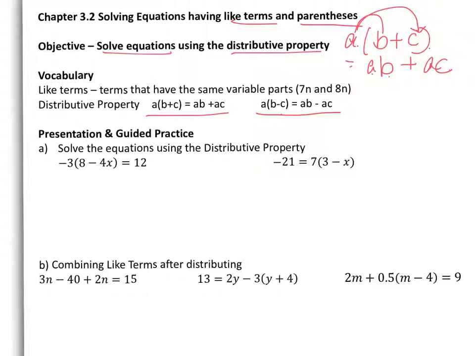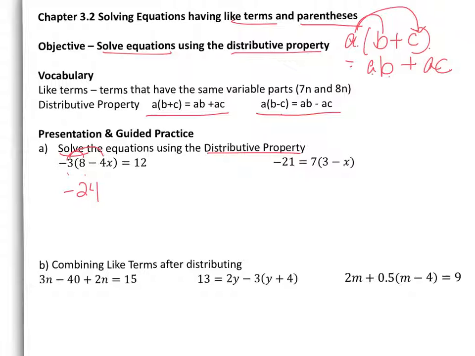Okay, let's take a look at a few practice problems. Part A, it wants you to solve the equations using the distributive property. So first, I can take negative 3 and distribute it into 8 minus 4x. Negative 3 times 8 is negative 24.